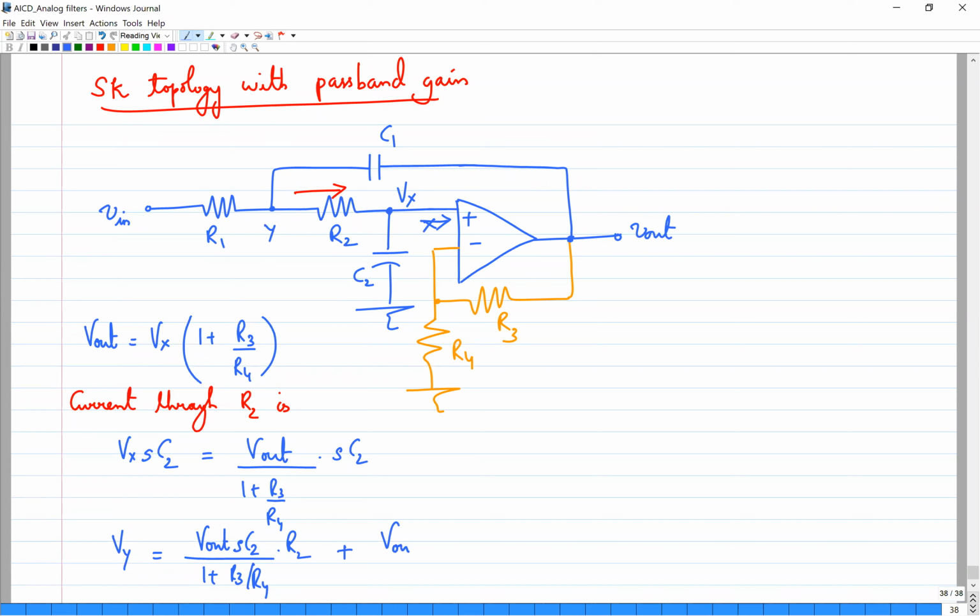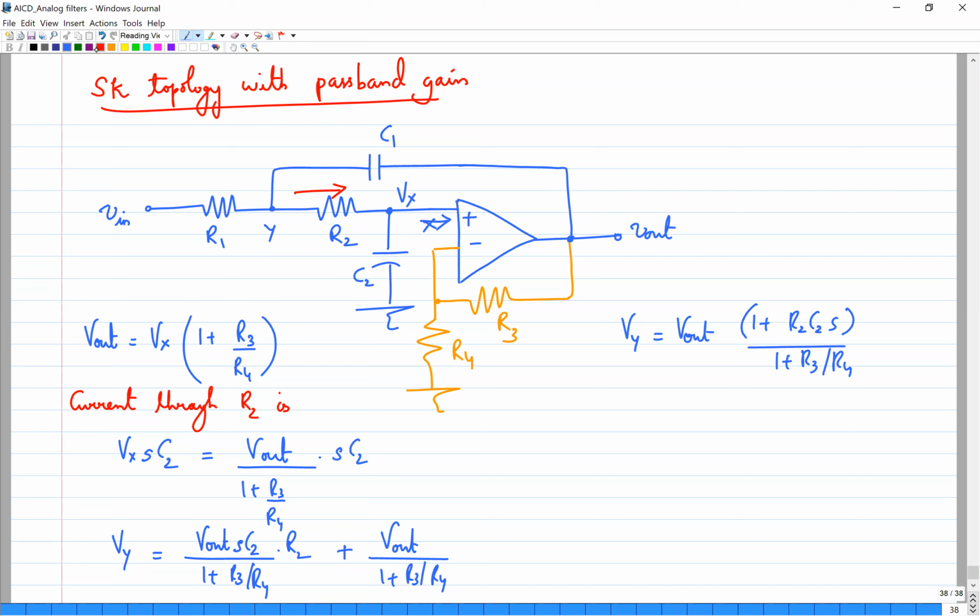Vx can again be written as Vout divided by 1 plus R3 by R4. So Vy can be written as Vout into 1 plus R2 C2 S, divided by 1 plus R3 by R4.